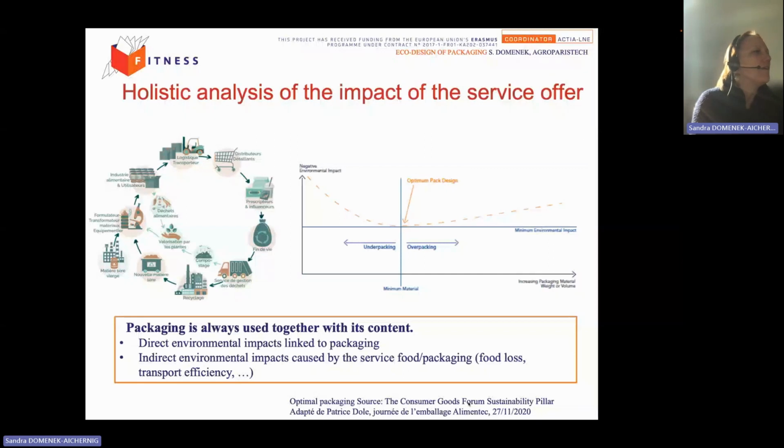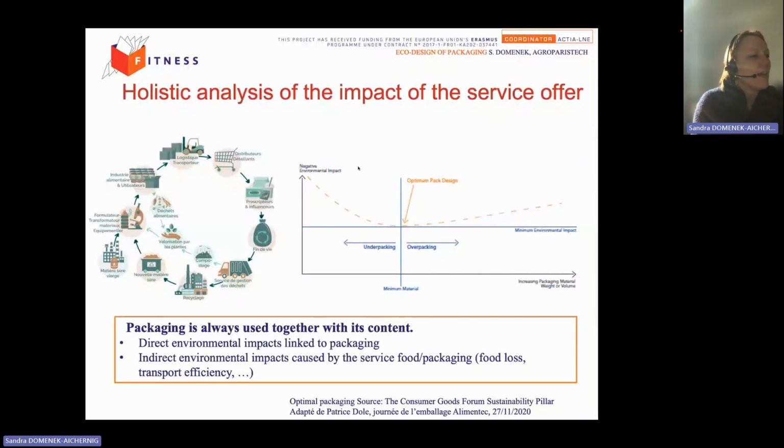So that's why I think you have seen this curve already several times. When you have the environmental impact of your whole service offer, which means the food plus the packaging, and you plot it versus the environmental impact of the packaging material or the weight of the packaging materials, you can see that you can come to an optimum design where the packaging helps the food to be protected and not to be lost.